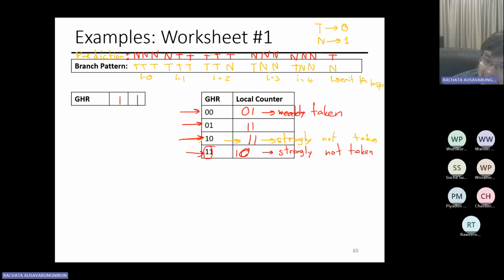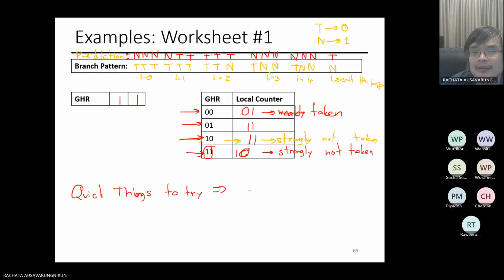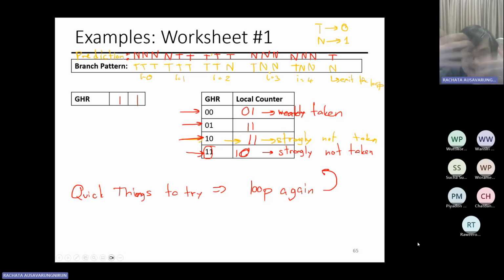A quick thing to try for you guys: loop again. Do the same process, but with this condition. You will see that it would learn the pattern using a GHR.